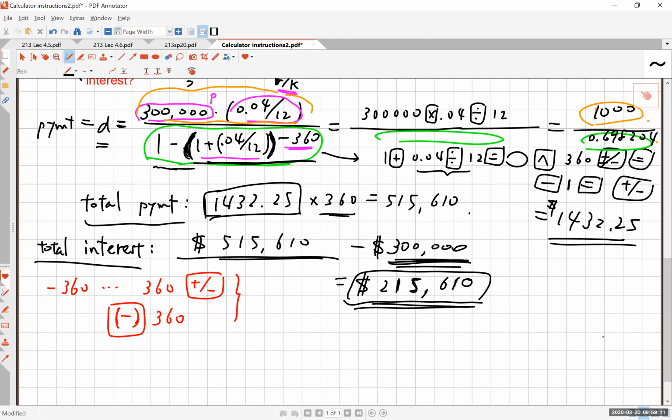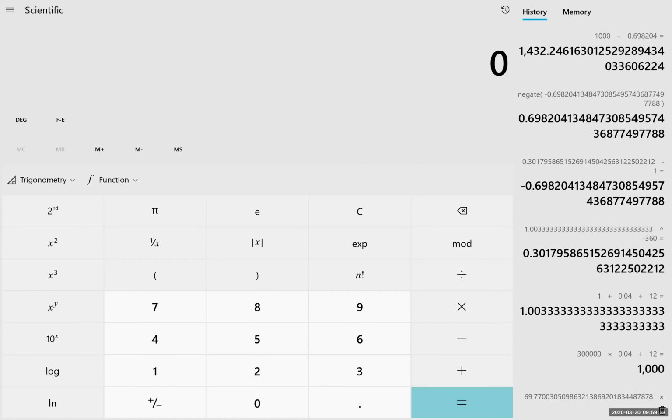All right, let me go back and try to show you a way to do this on your calculator. I'll show you another way to get the amount of payment. I know that I did this sort of strange thing in the denominator, but there is a way to do this entire calculation in one sequence of operations without writing numbers down.